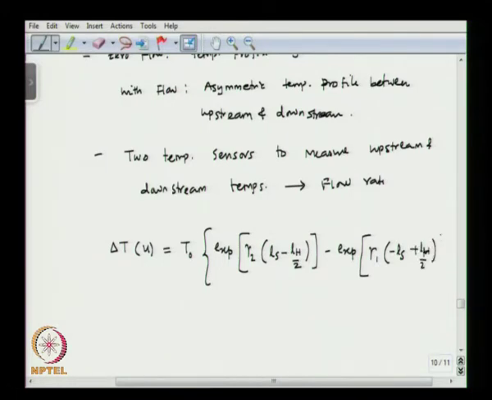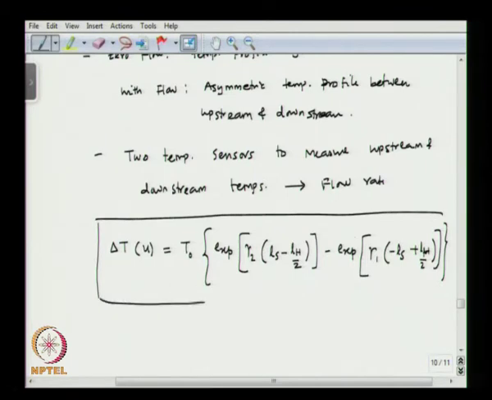Okay. So, this is the expression for the temperature difference between the upstream and downstream. Okay.